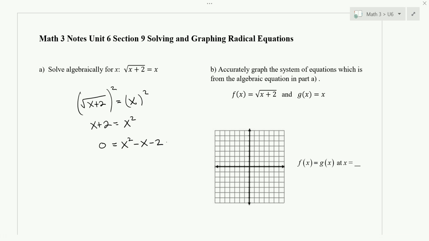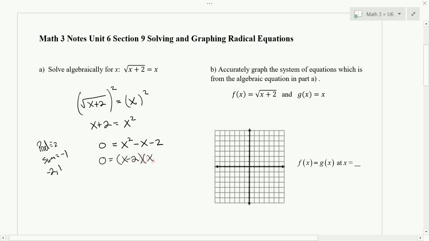So here we're looking for two numbers whose product is -2 and whose sum is -1. Does that work out? -2 and +1. And if the leading coefficient's 1, we can take that shortcut and just get to the factorization. So x minus 2 times x plus 1 is what this factors to.